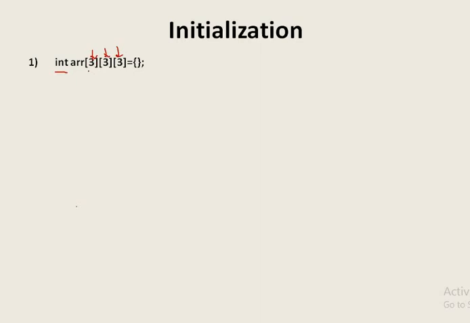So here you can say that it will be an array which will have 3 blocks, and each of these blocks will be a 3 by 3 two-dimensional array. So we'll have a total of 3 into 3 into 3 elements in it. 3 into 3 gives 9, 9 into 3 gives 27. So there will be 27 elements in this particular three-dimensional array.